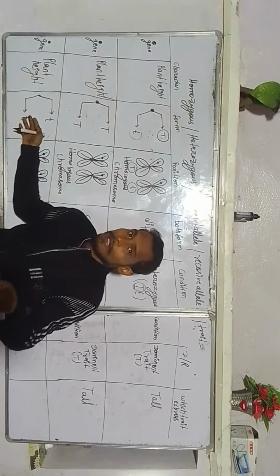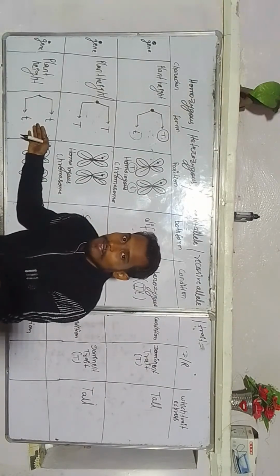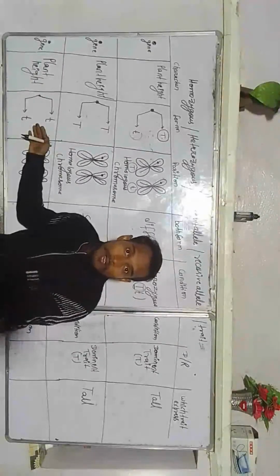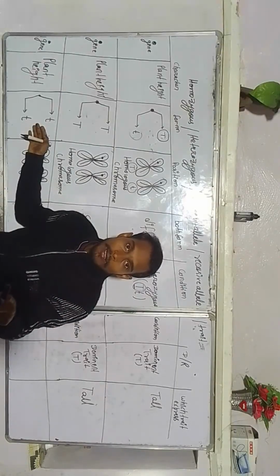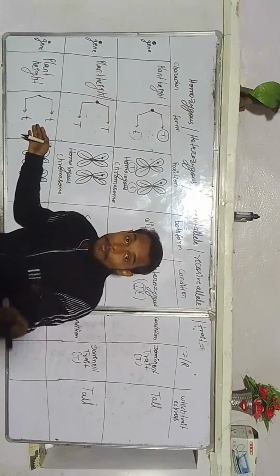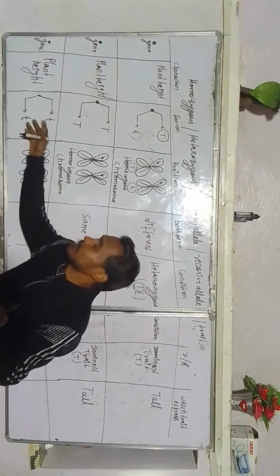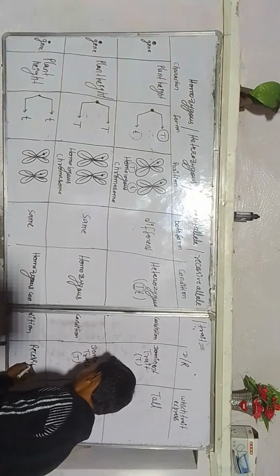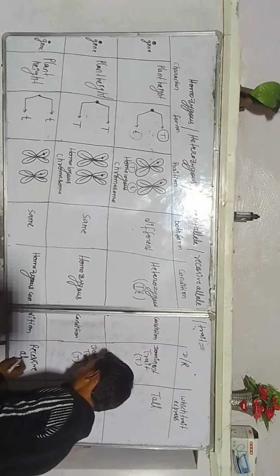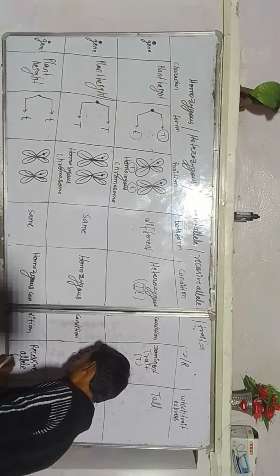So only the recessive allele is present here, except dominant. So this is the recessive allele, small t.